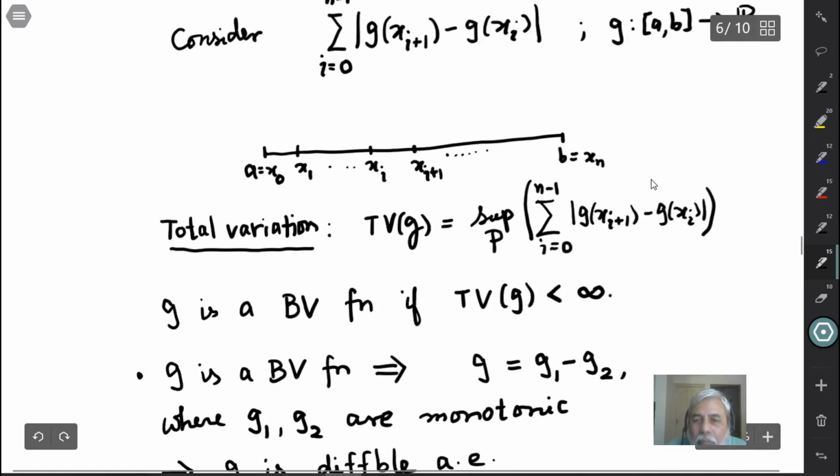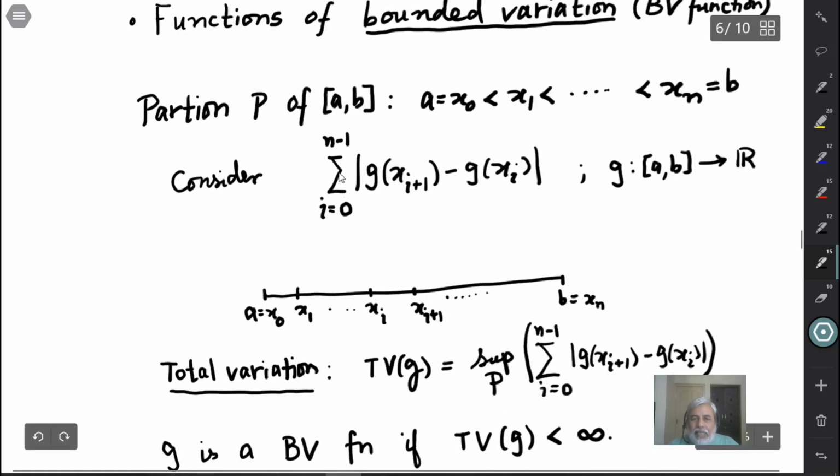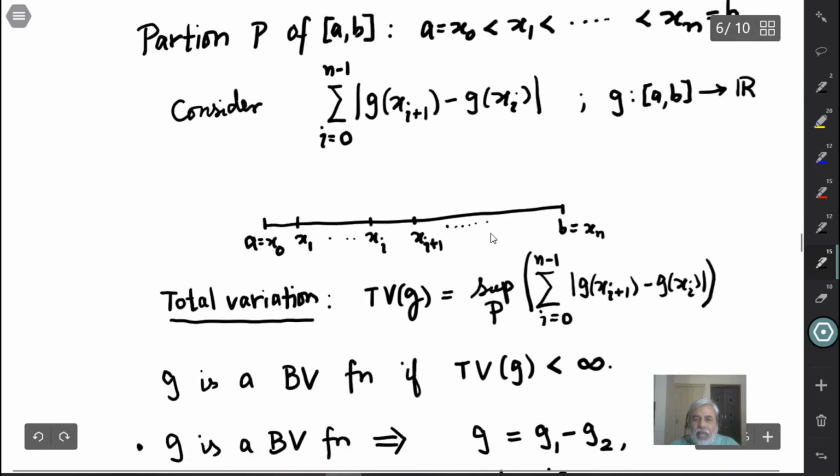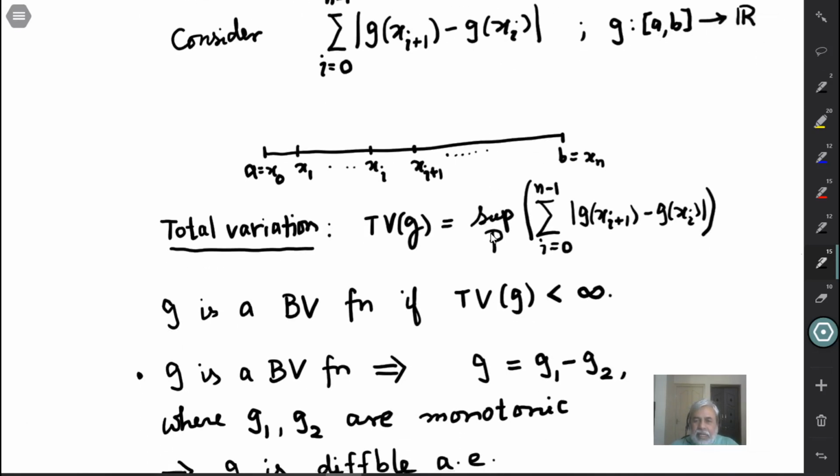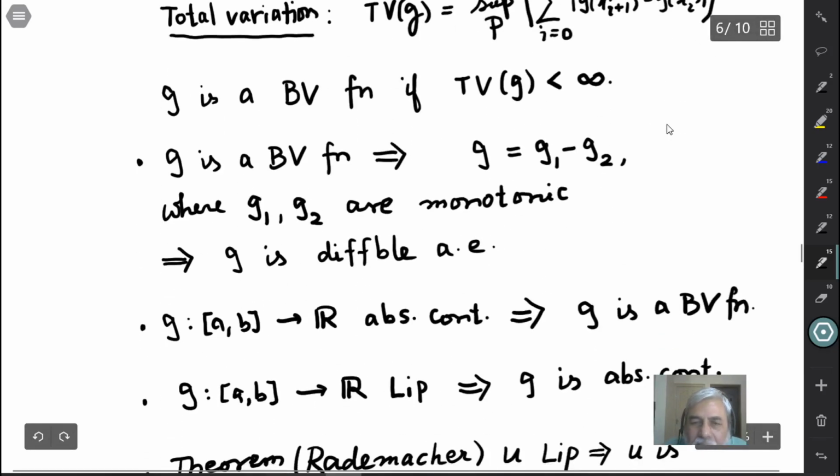Obviously, if g is either decreasing or increasing, we can remove this absolute value, and this sum will reduce to only the end points. So obviously a monotonically decreasing or increasing function is a function of bounded variation. Conversely, as you might have learned in the study of BV functions, any BV function can be written as a difference of two monotonic functions.